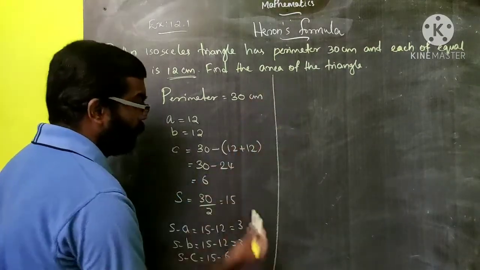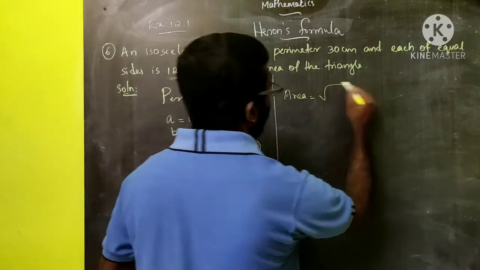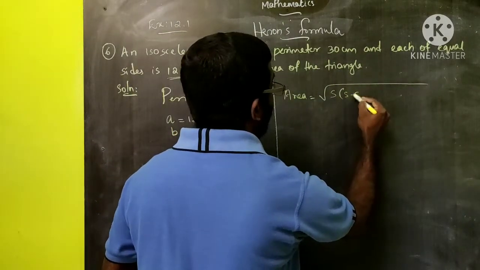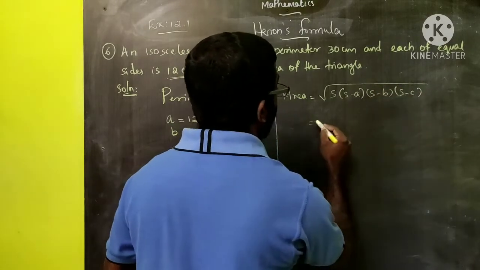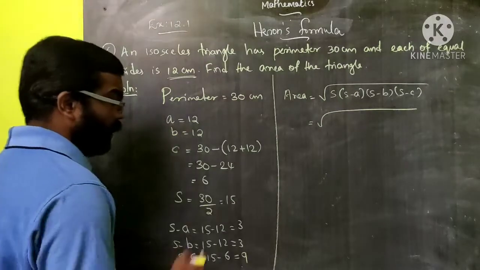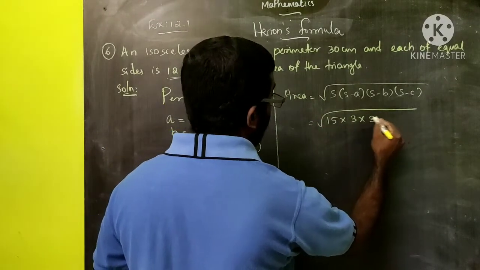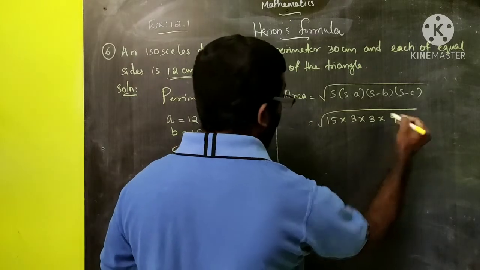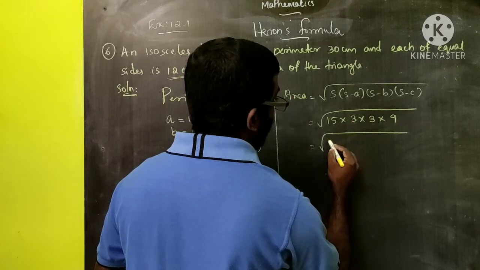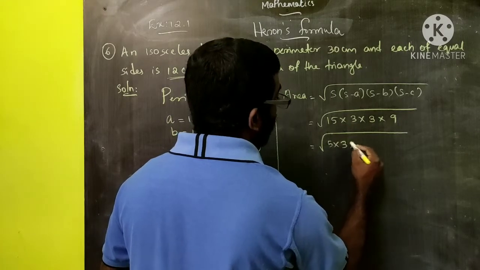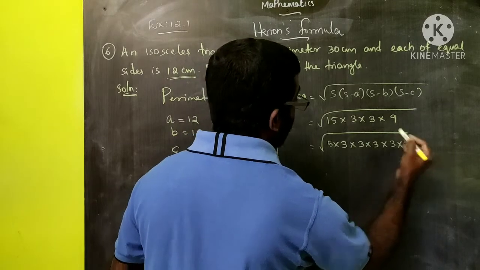Okay, now we can find the area. Area is equal to square root of S into S minus A into S minus B into S minus C, which is equal to root of 15 into 3 into 3 into 9. We can factorize the terms. 15 can be written as 5 into 3, then 3 into 3. 9 can be rewritten as 3 into 3.